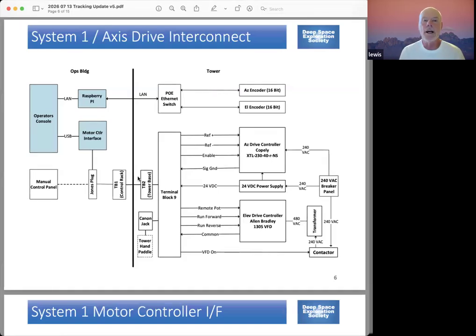But at any rate, a cable runs from terminal block 9 in the upper tower down to a terminal block in the lower part of the tower. That's labeled tower TB2. And that cable carries all these signals. There may be other things on it, I'm not really sure, but it definitely has these signals.